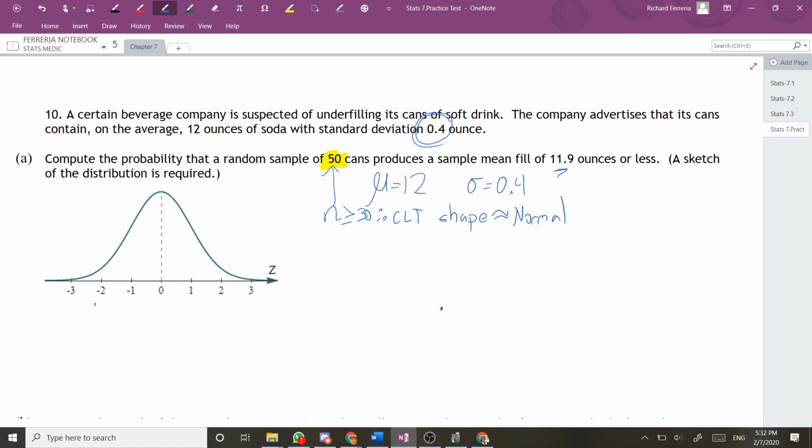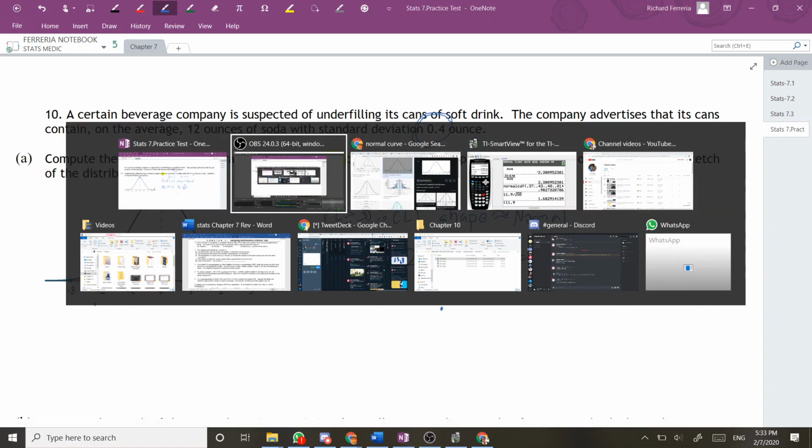The mean of this should be 12 ounces, because the mean of the sampling distribution for X bar is the mean of the population, which we were just told is 12 ounces. The standard deviation of the sampling distribution for X bar is the standard deviation of the population divided by the square root of the sample size. So we'll compute that right now. We've got 0.4 divided by root 50.